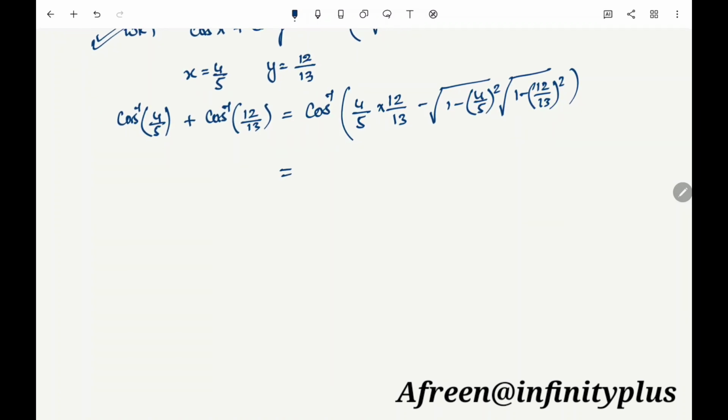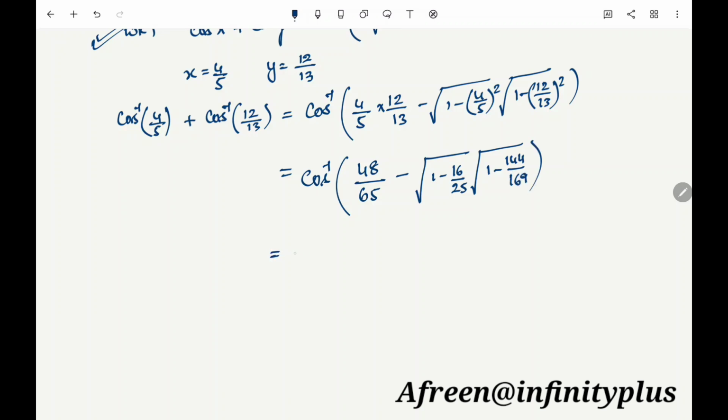Now simplify this one. You will get cos inverse of 4 into 12, 48 divided by 65, minus root of 1 minus 4 square, which is 16, divided by 5 square, which is 25, into root of 1 minus 12 square, which is 144, divided by 13 square, which is 169.